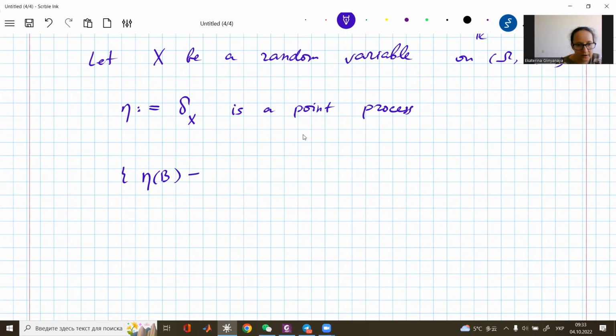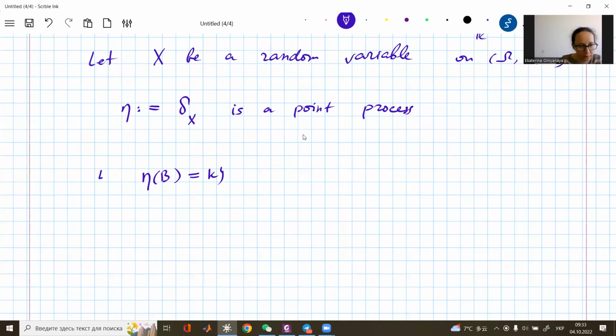So what is the event that eta of B is equal to some k? In order to check that this is a point process, by definition, I should check that this set belongs to the sigma field.